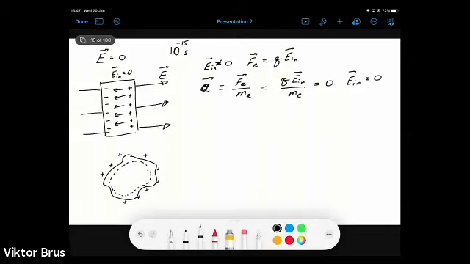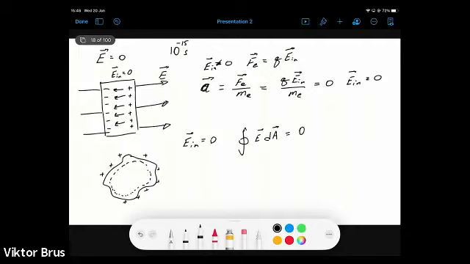We already know that the internal electric field inside the conductor is equal to 0. And we know that the electric field flux is the integral of electric field times dA all over the surface. But if the electric field is equal to 0, then this integral is also equal to 0.